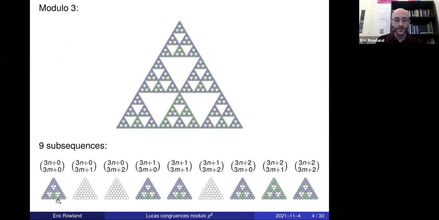A lot of them are just 1 times the original. These are 0 times the original. And when we choose 2 and 1, it turns out that this is 2 times the original. So all the 1 mod 3s, when you multiply them by 2, become 2 mod 3s, and the 2 mod 3s, when you multiply them by 2, become 1 mod 3s. So this is one way that you could discover Lucas's theorem.